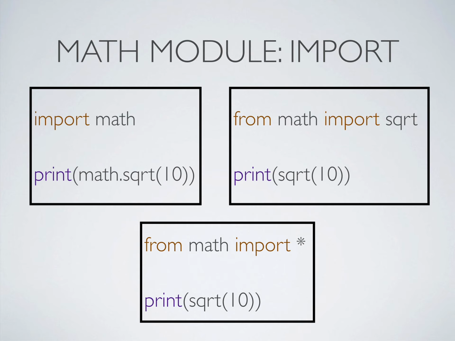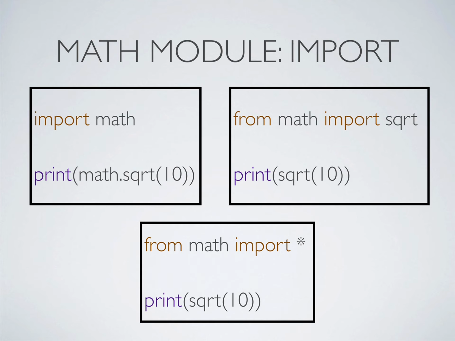Let's talk about this second example here, top right. From math import square root. This is the one that's saying, hey, from that file math, import this specific function. The cool thing about this way is now you can just do print square root 10. You do not have to type math dot square root 10, which is pretty cool.